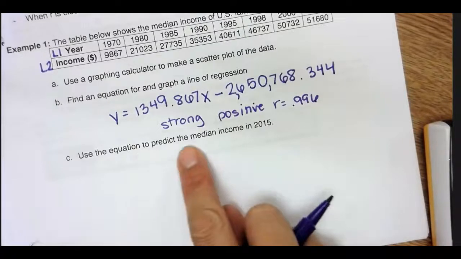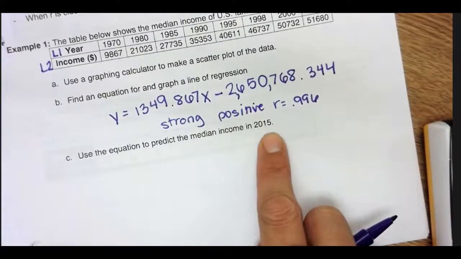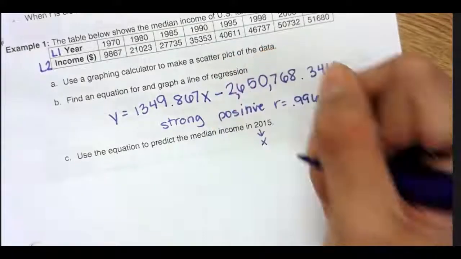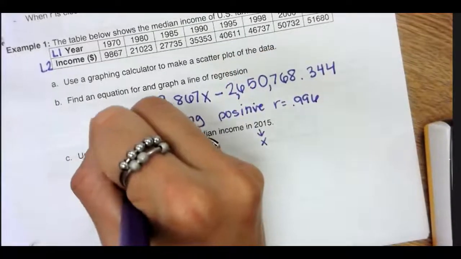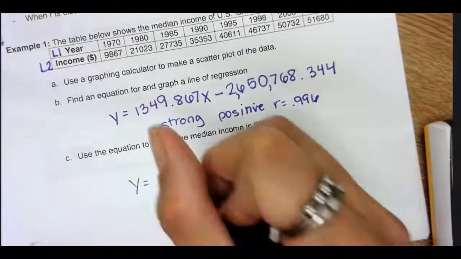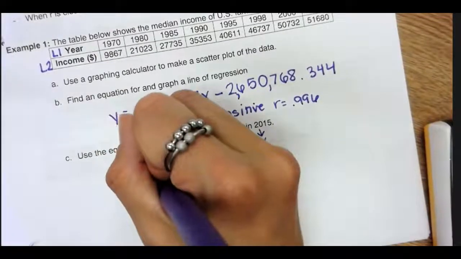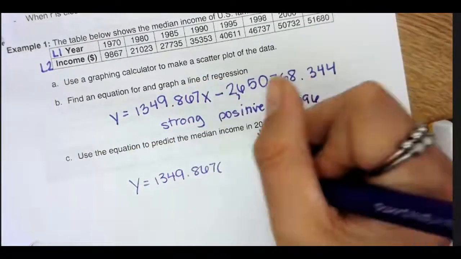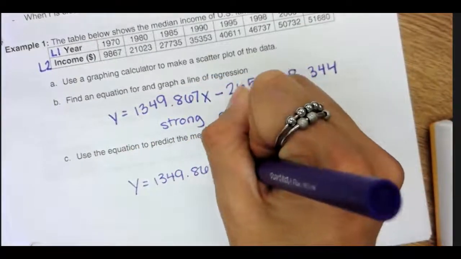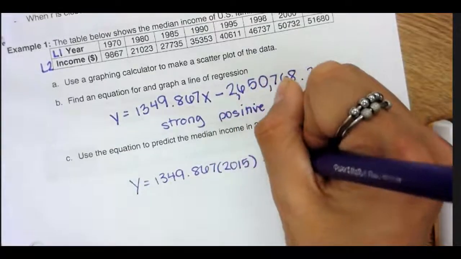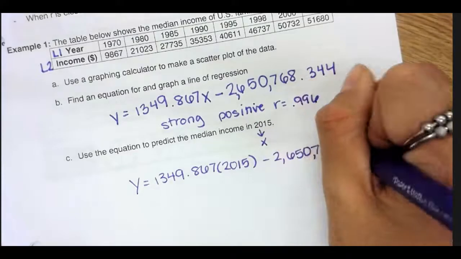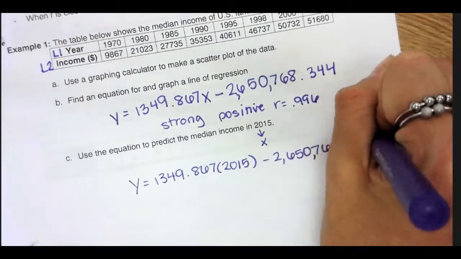And then it says use the equation to predict the median income in 2015. So that's my X. So you could say Y equals 1349.867, type 2015 in for X, minus 2,650,768.344.